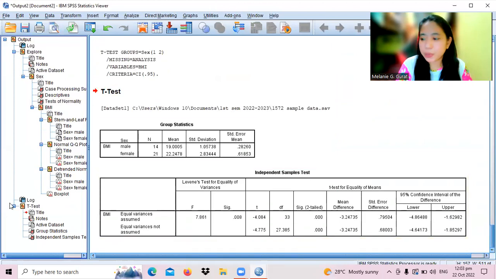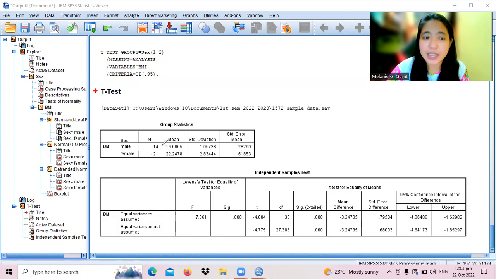So this is now the result of our t-test for independent samples. So let us consider exploring this table. The first table will show you the descriptive statistics. It contains the sample size for each category.